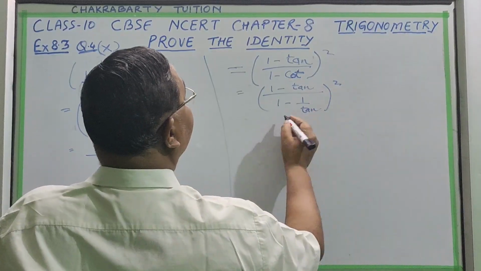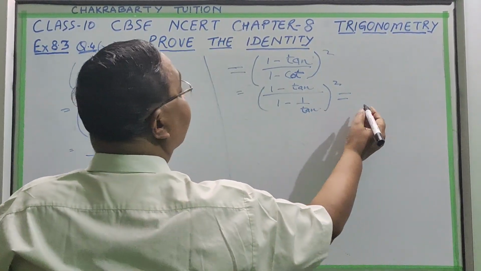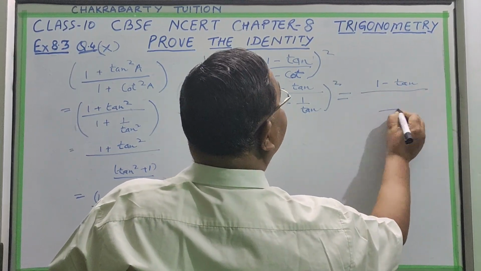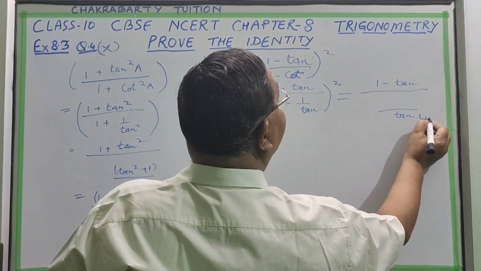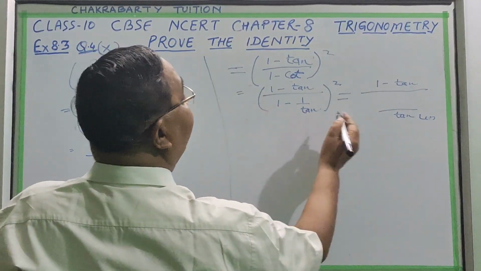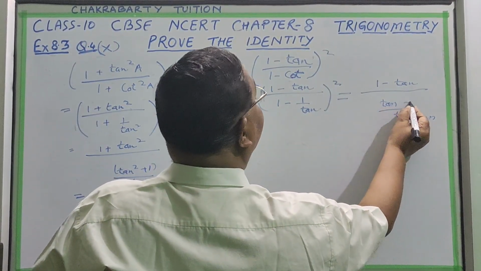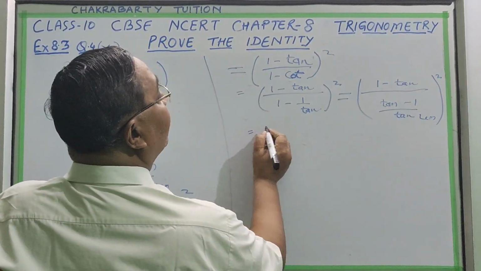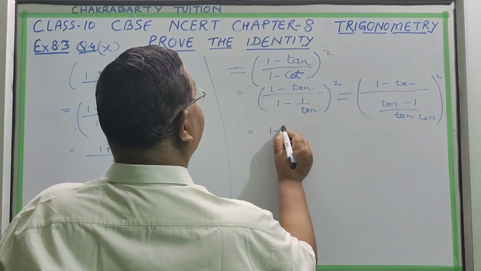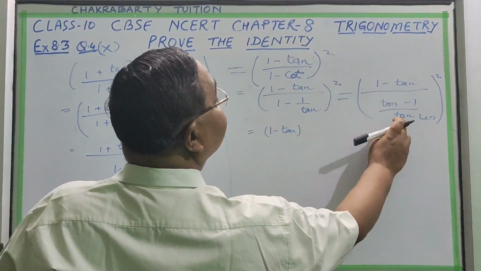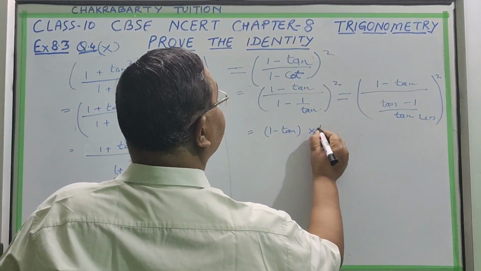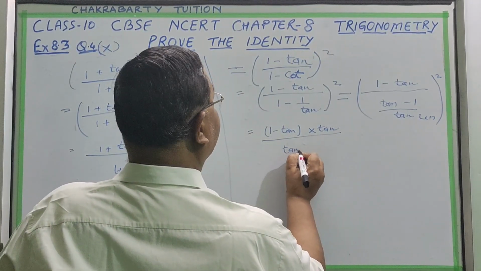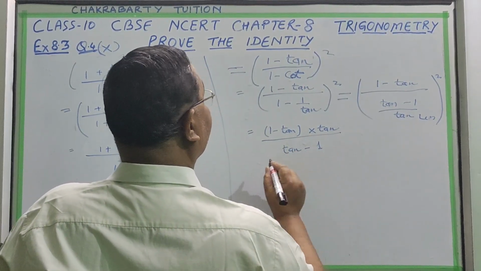Okay, so tan we are taking as LCM. 1 minus tan, LCM is tan, so LCM will make it tan minus 1. So now 1 minus tan is in one bracket, and this tan you can take upward in the multiply position, tan upon tan minus 1.